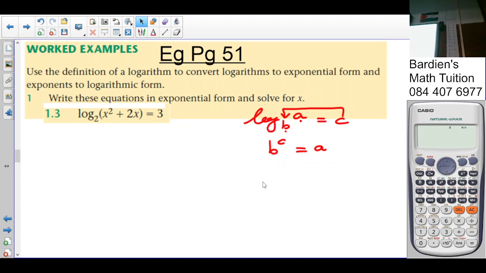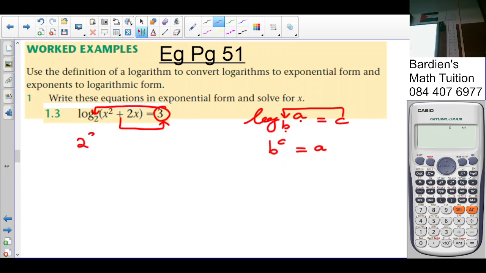So in 1.3 we are told log of x squared plus 2x base 2 is equal to 3. Again, to convert from log to exponential form, that 3 goes on to the 2, and x squared plus 2x will be written on the other side of the equal sign.